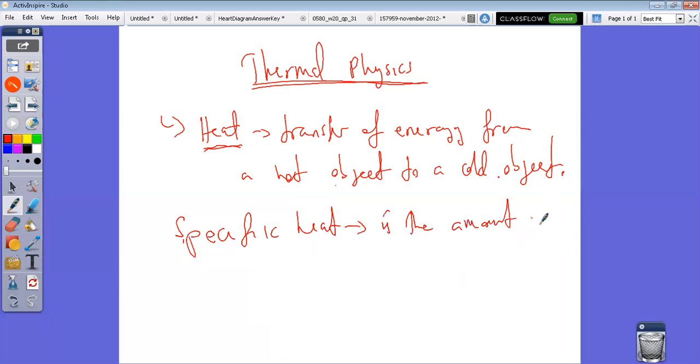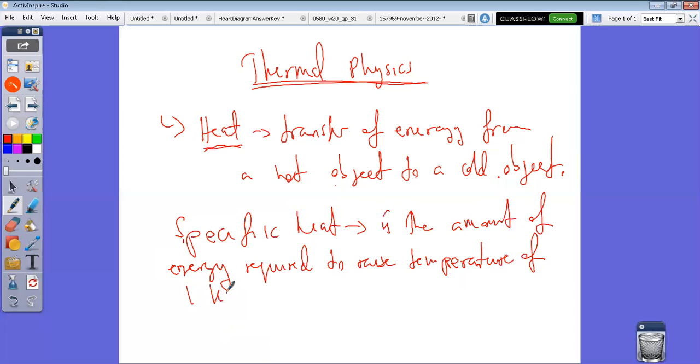Amount of energy required to raise the temperature of 1 kg of a substance by 1 degree Celsius.